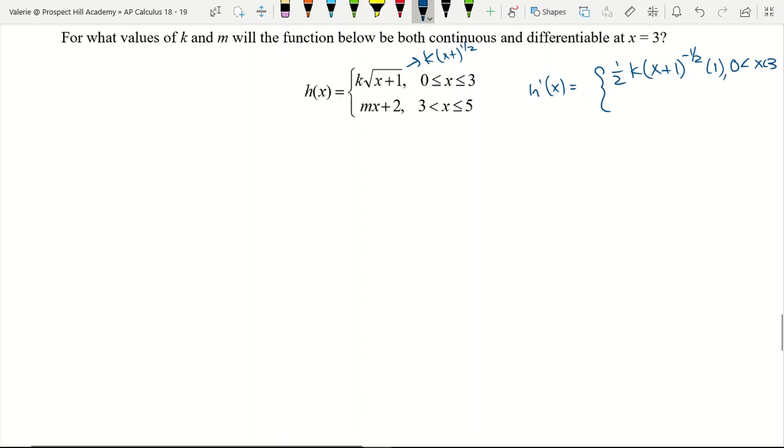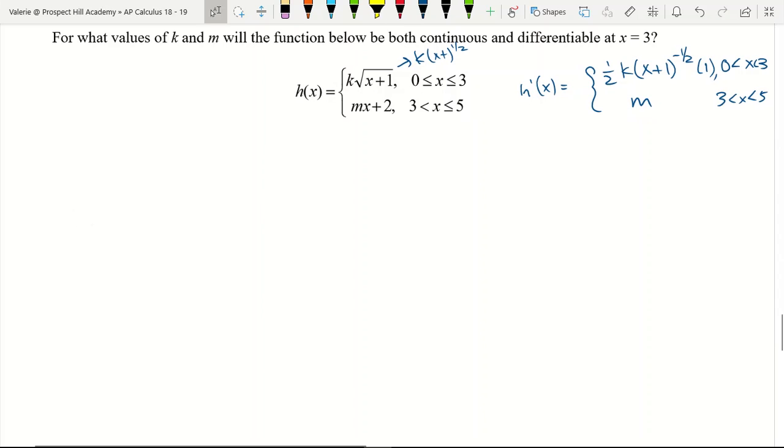And then the derivative of the bottom is just going to be m, and that's when x is between 3 and 5. Okay, so now that I know the derivative of h of x, I can now look at the continuity and look at the differentiability to figure out what k and m must be.